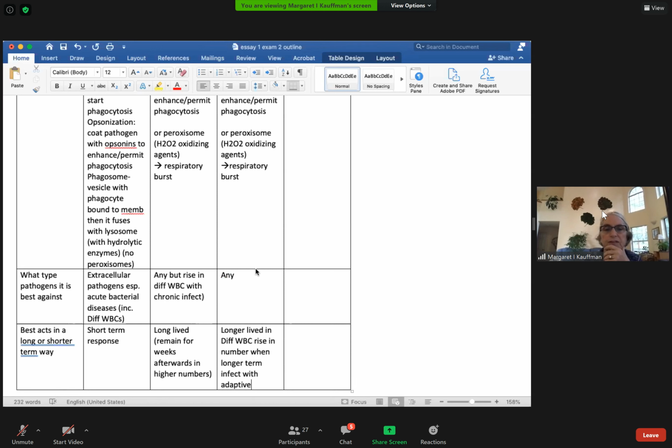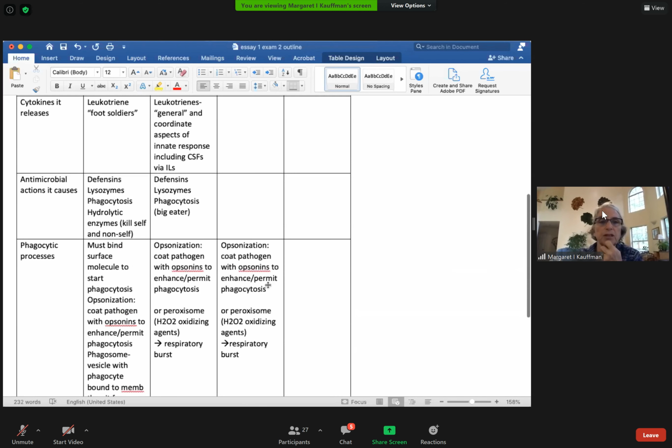So this is a lymphocyte, and in our differential white blood cell count, we don't expect you to be able to know who's a dendritic cell, who's a B cell, who's a T cell, because you're just looking in the blood. But these guys, if they're a fixed phagocyte, they're going to phagocytize their pathogen, and then they're going to go back into the blood to get to the lymphatic system so that they can trigger the adaptive response.